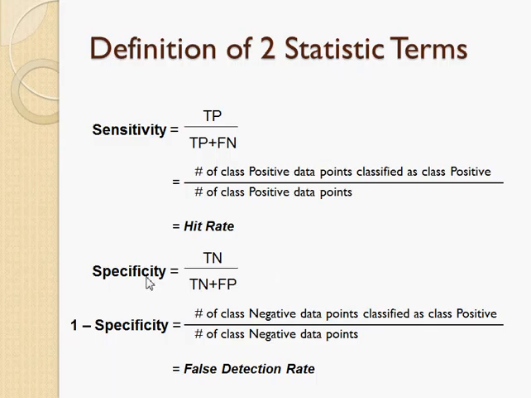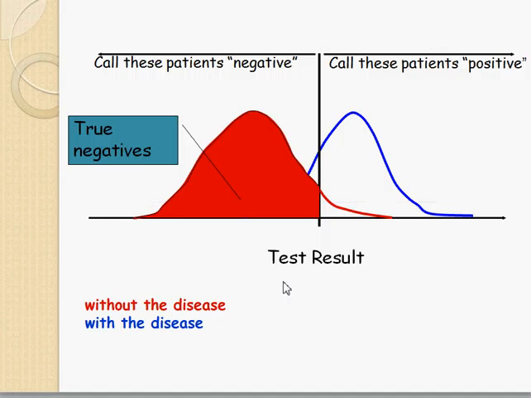The second term is the specificity. Specificity is the ratio between the true negative and the summation of the true negative and the false positive. If we go back to the curve again, this is just the big red area over the area covered by the red curve, which is the negative curve.